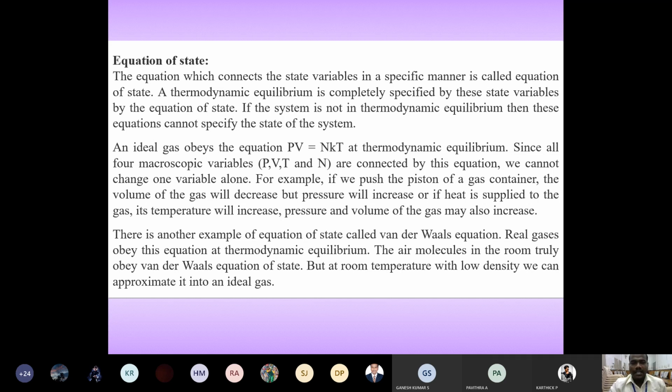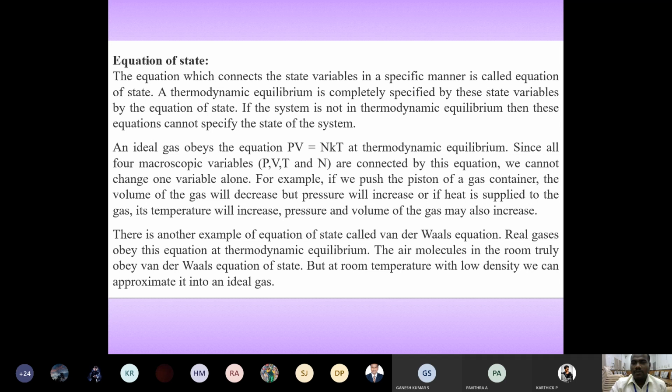For example, if we push the piston of the gas container, the volume of the gas will decrease. The air inside the cylinder will get compressed. So the volume of the gas will decrease, but the pressure will increase, as we discussed in earlier classes. Or, if heat is applied to the gas, its temperature will increase.